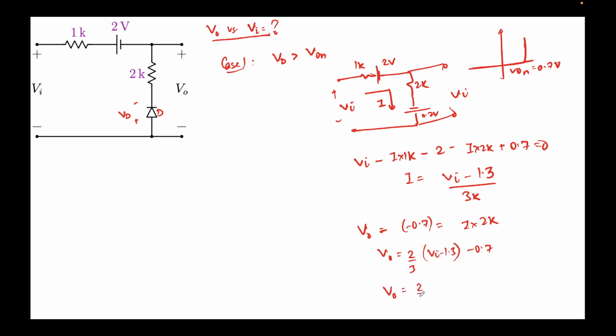This will come out to be 2 by 3 VI minus 2.6 by 3, approximately 0.9, which comes out to be minus 1.6. This will be our expression 1. Just give me a second.